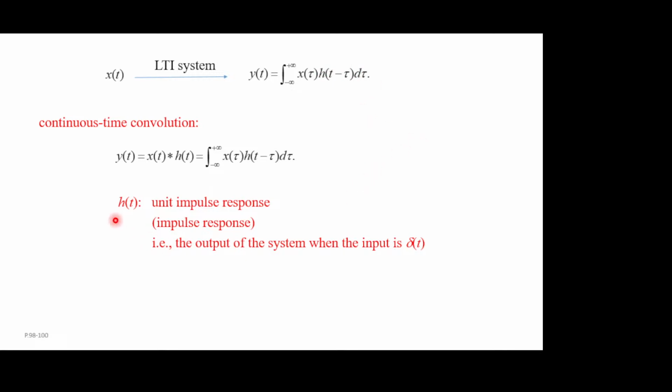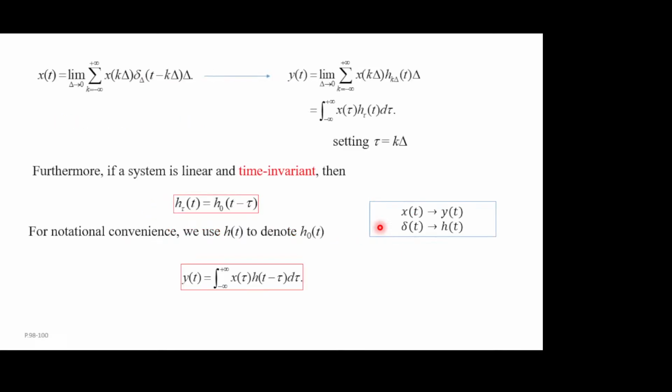And once again, h of t is the unit impulse response, because it's the response to the unit impulse function, which is the delta function. Any question about the derivation? It's a little hand wavy infinitesimal analysis by calculus, but I think it is actually quite rigorous.